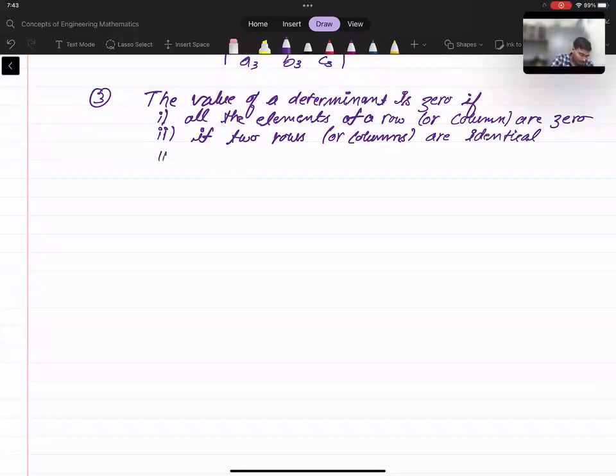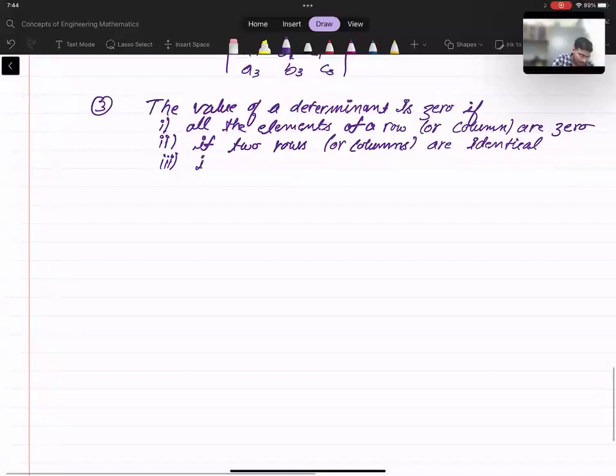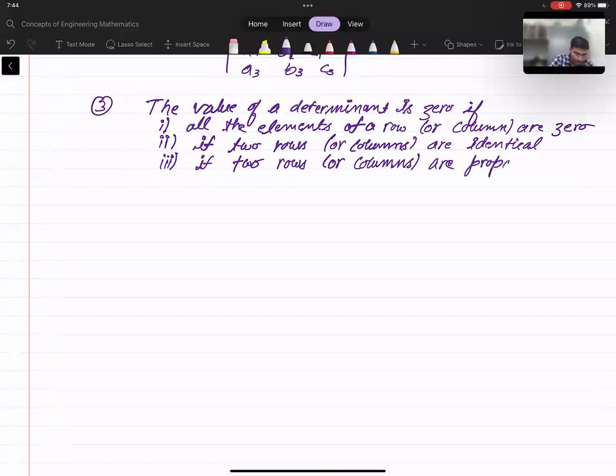And one more condition is there when the determinant becomes 0. That is if any two rows or any two columns are proportional. Okay. So in these cases, the value of determinant becomes 0.